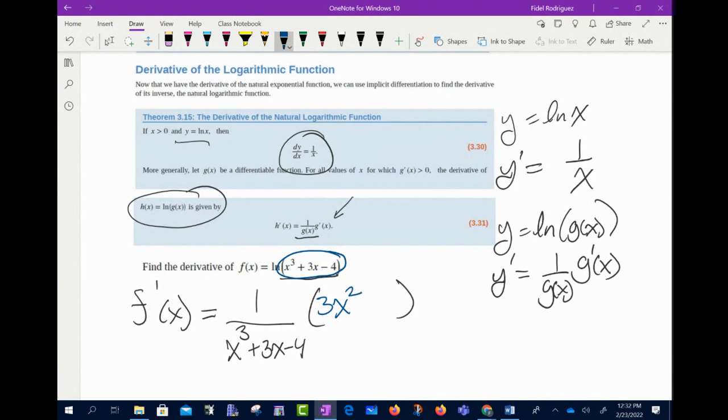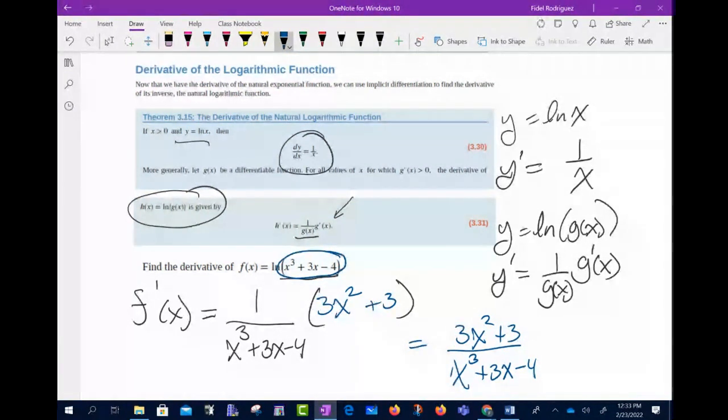And what's the derivative of 3x? 3. So my final answer I'll write like this: 3x squared plus 3 all over x to the third plus 3x minus 4, right? I'm just writing the derivative of the top over the original function itself. And so we were able to find our derivative, okay?